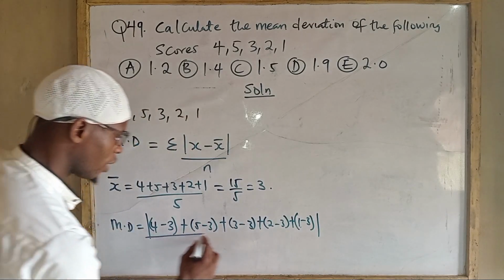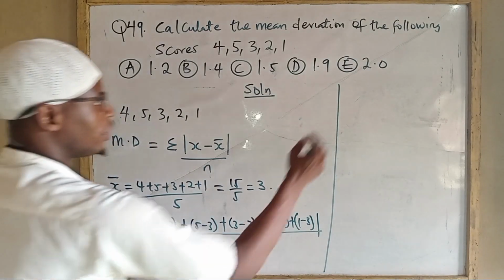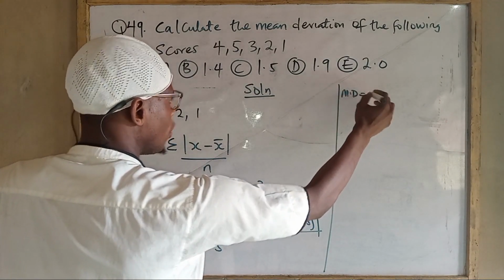So all over 5. So if you evaluate this, MD will be equal to what?